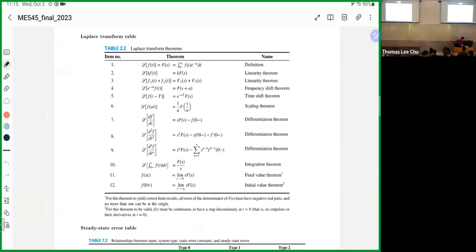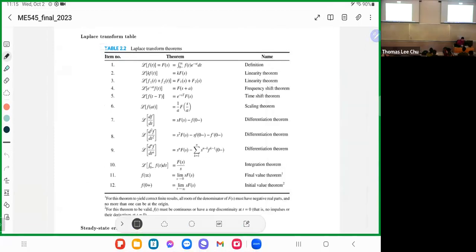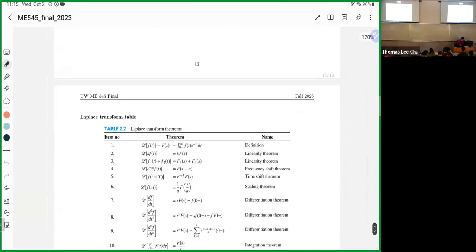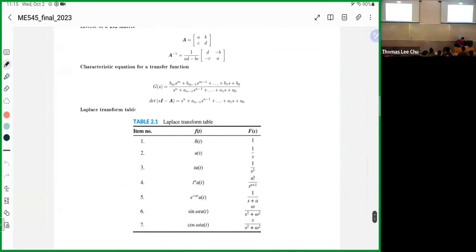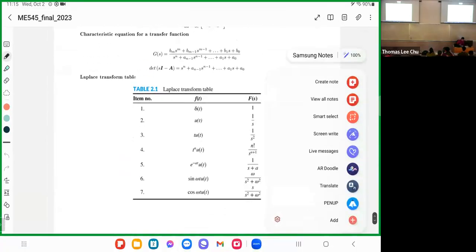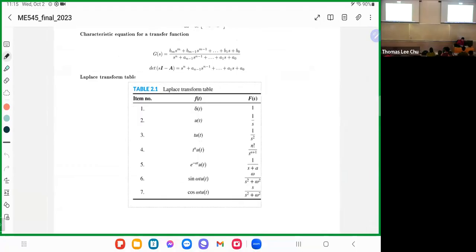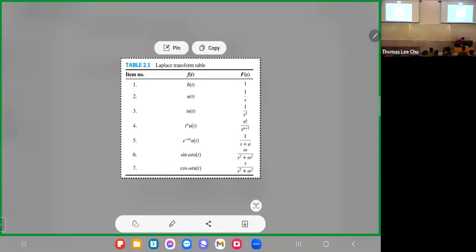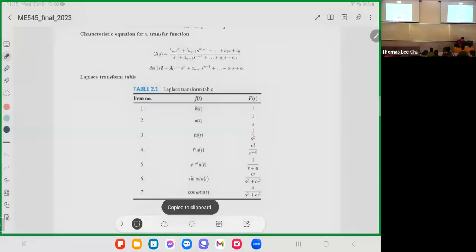Although, I mean, I'll give you last year's exam or your final exam practice, so it's not like it's a secret. See, that's the wrong table. There you go. I need that table. Actually, I need both tables.